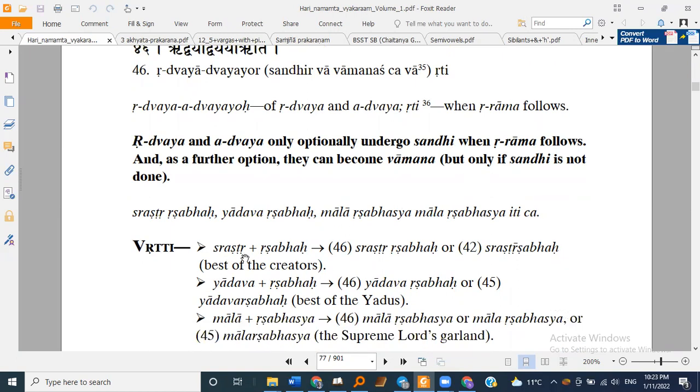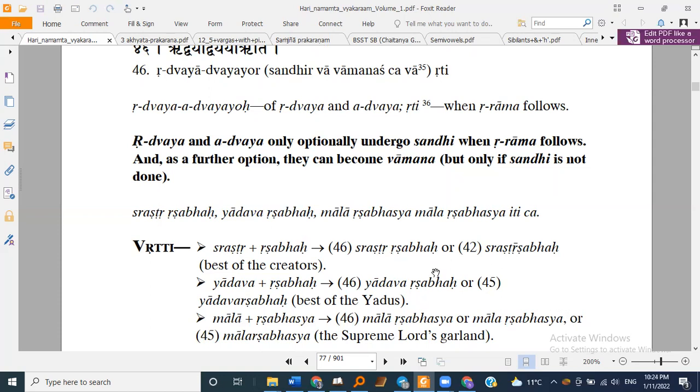For example, just see the example here in the Vritti. Vritti is again the commentary by Jīva Gosvāmī on his own sutras. Srashtri Yukta Hrishabha. In Srashtri, the Rirama is one of the Ridvayas and the following is the Rirama. According to this sutra, optionally, one time there won't be any Sandhi, so they remain as they are, Srashtri and Rishabha.